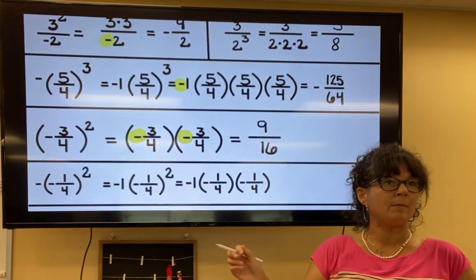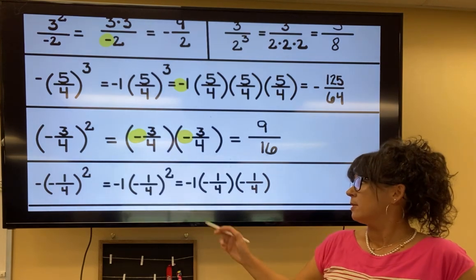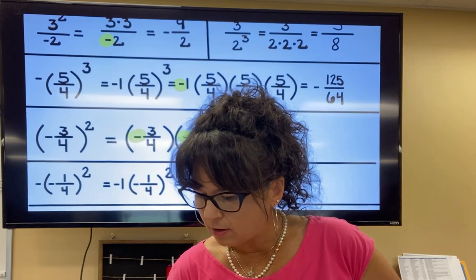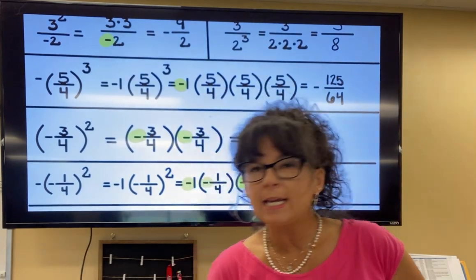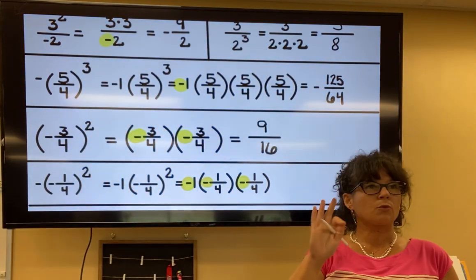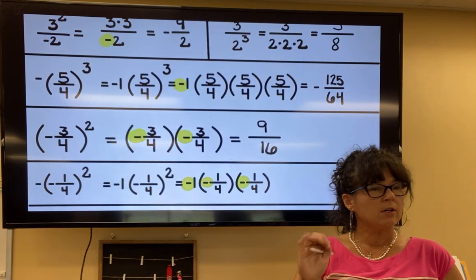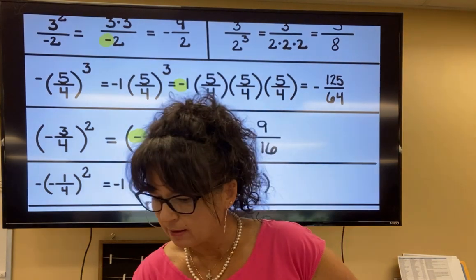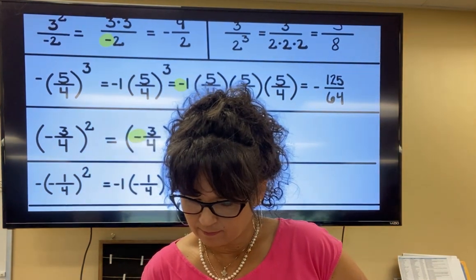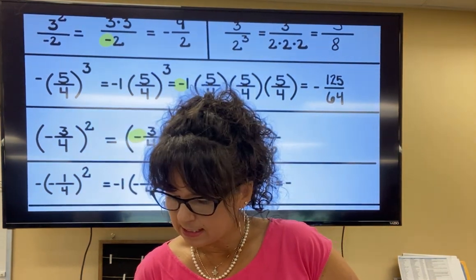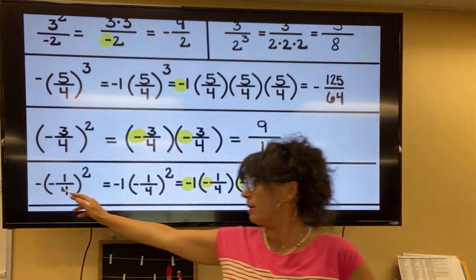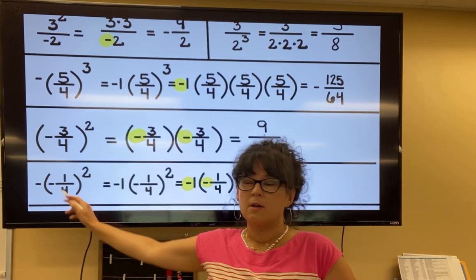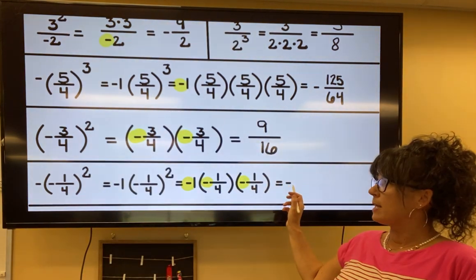And let's count how many negatives we have. -1 times -1/4 times -1/4, we have 1, 2, 3 negatives sitting there. 3 is an odd number, so our final answer is going to be negative. Danger, danger, right? Because right there, it's tempting to say negative, negative is positive. But our final answer is going to be negative.